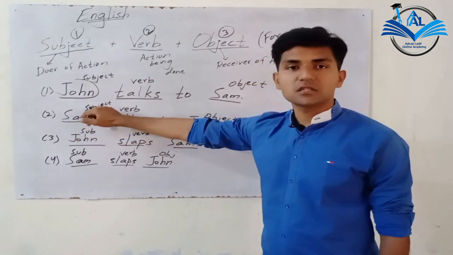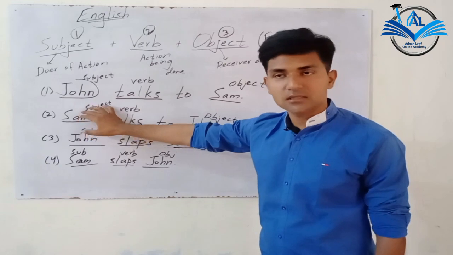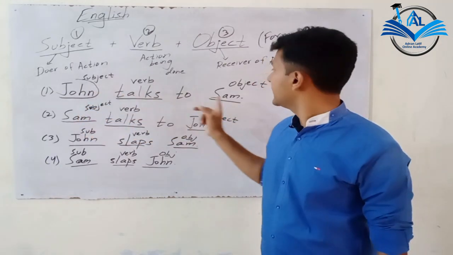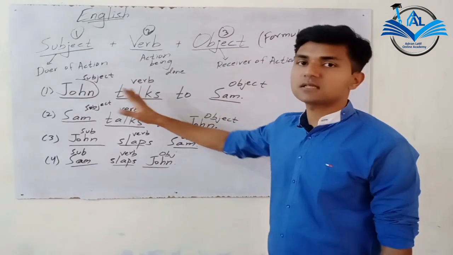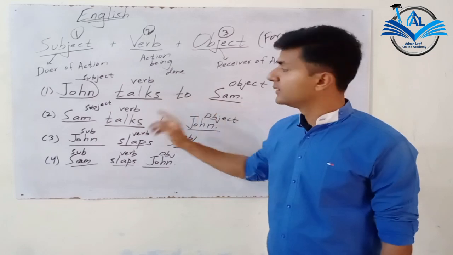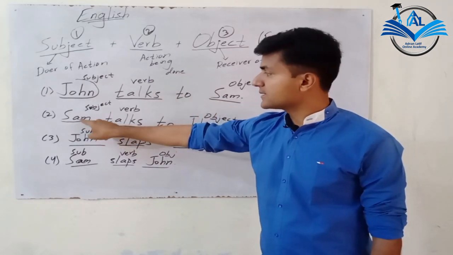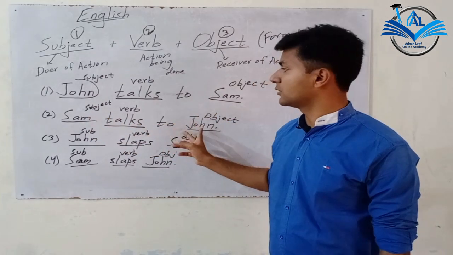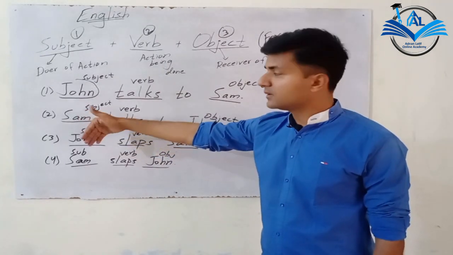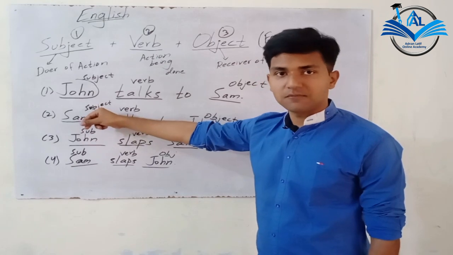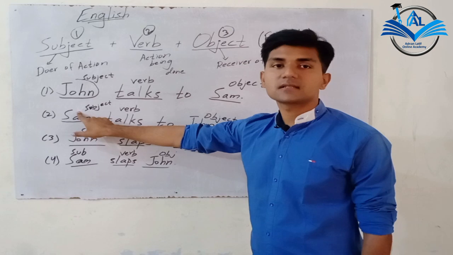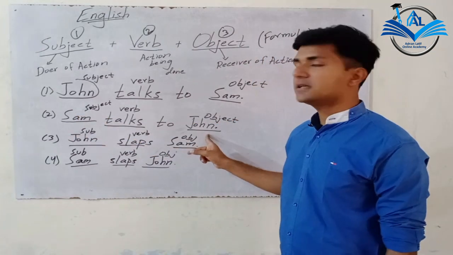Another example. Here there is a change. We have found that there is a change. In the first sentence, John is subject and Sam is object because in the first sentence John is talking and Sam is silent. So in the second sentence, Sam talks to John. Here we are looking at the change that here Sam is subject and John is object.